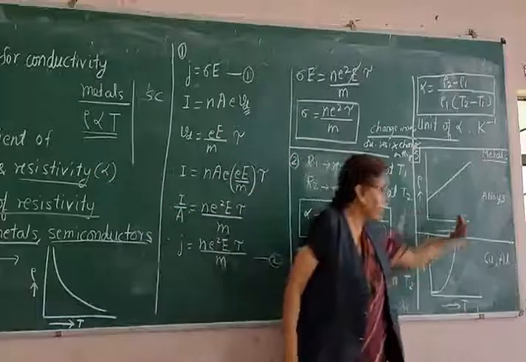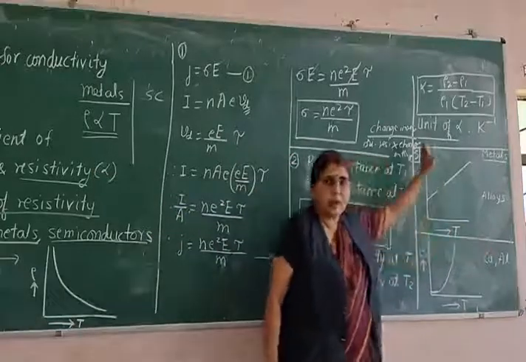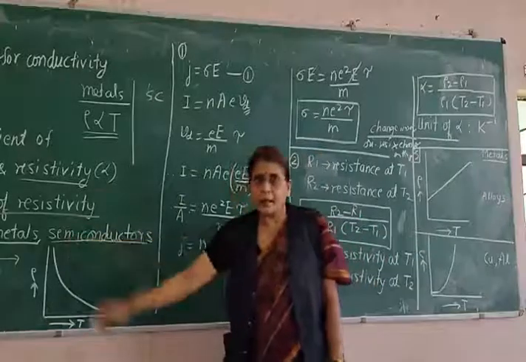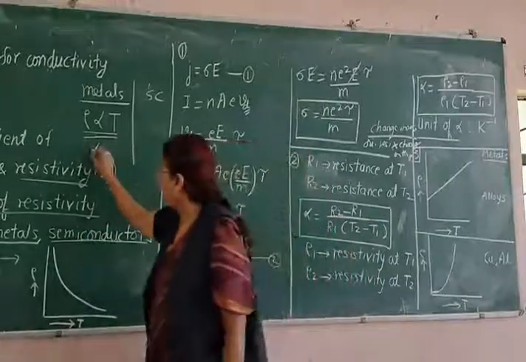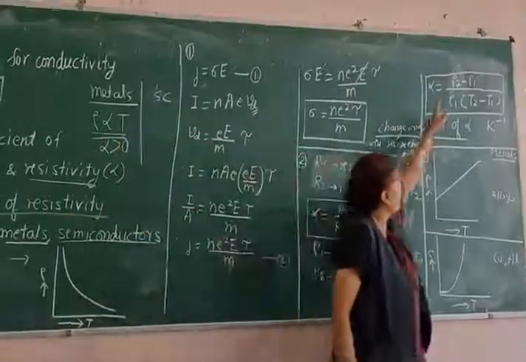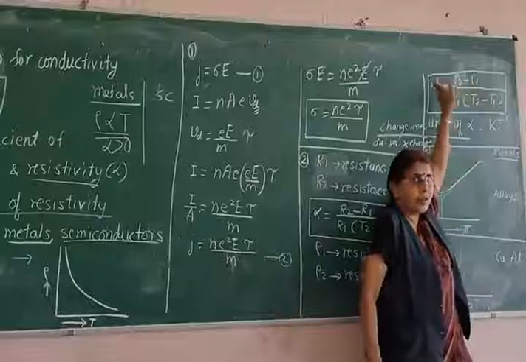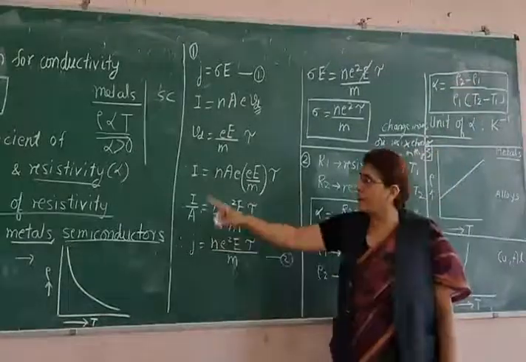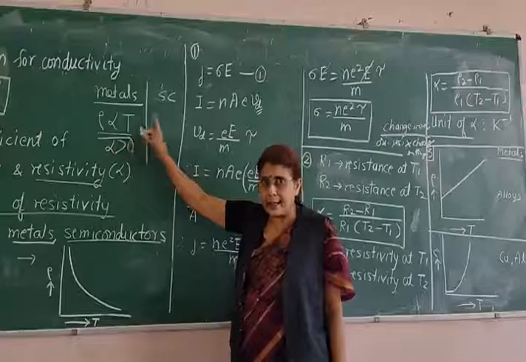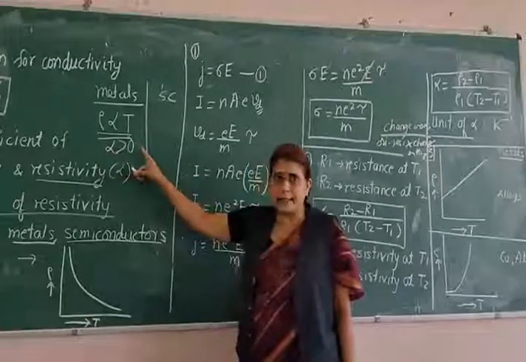That is, as temperature increases, resistivity also increases for metals. So alpha is going to be positive because rho 2 minus rho 1 is positive. So 2 points to remember: rho is directly proportional to T and alpha is greater than 0.